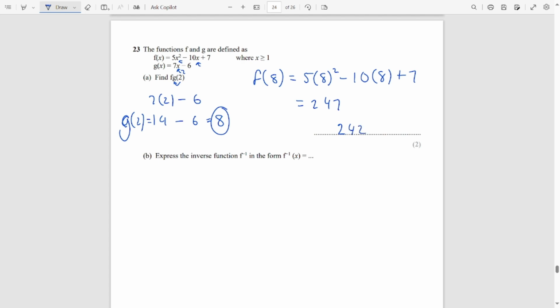Now we are looking for an inverse function. Inverse functions of linear functions, so like this g, are relatively easy. You would just write y is equal to 7x minus 6, flip around the x and the y, and then rearrange the equation to make y the subject again. For a quadratic, like f of x, which is what we have been asked to do, the inverse of f of x, this is a little bit more tricky.